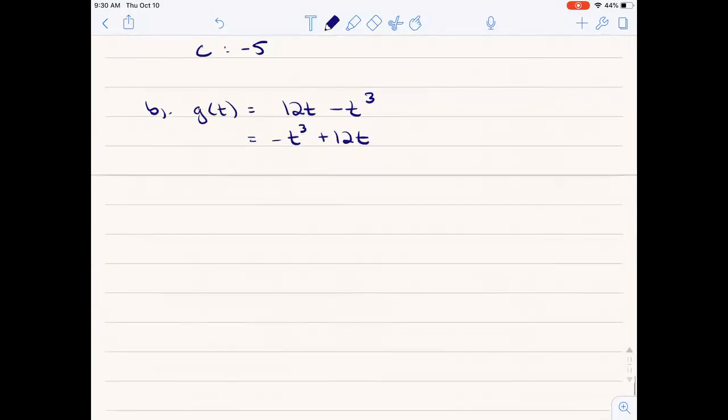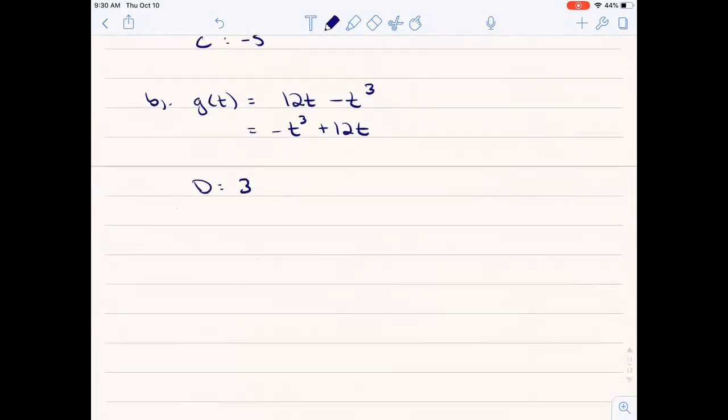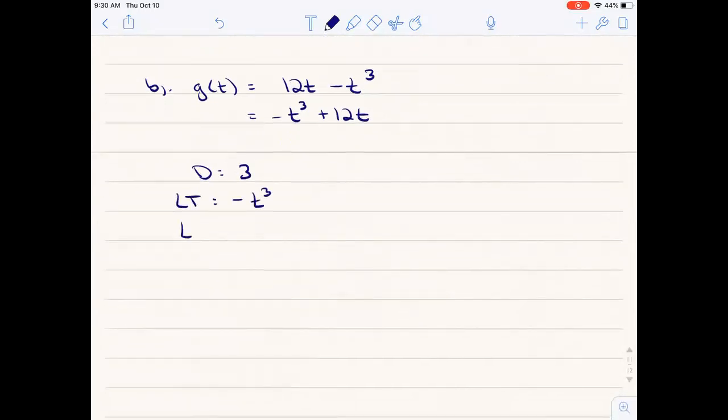And now I know I have degree 3, right? That's my highest power. My leading term is negative t to the power of 3. My leading coefficient is negative 1. And my constant is 0, right? Because all of the rest of them have t's in them, so they're not constant. Not too bad.